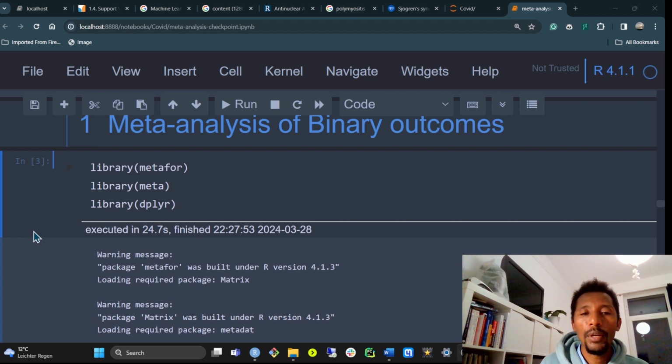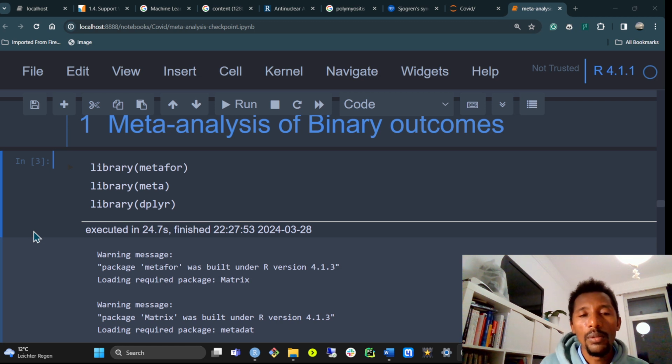But our data set looks like this, and this is the data set that I already showed you in my previous video. Here we have the number of events among the exposed group, and here the total number of people assigned to the exposed group.